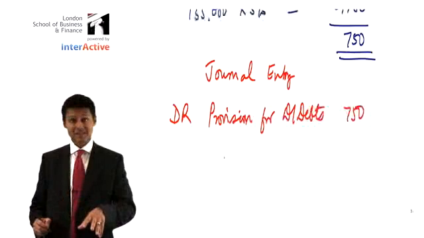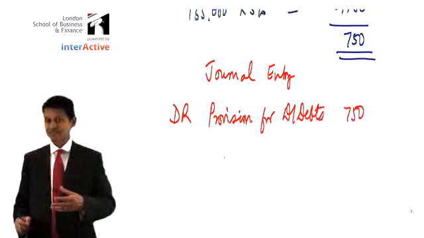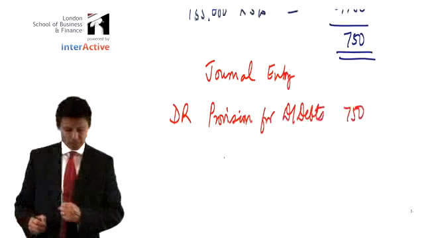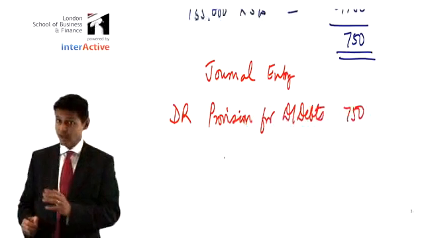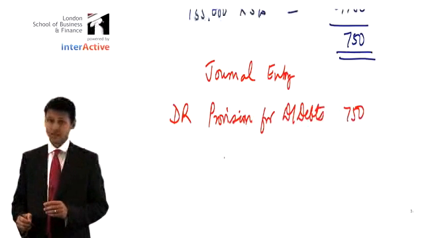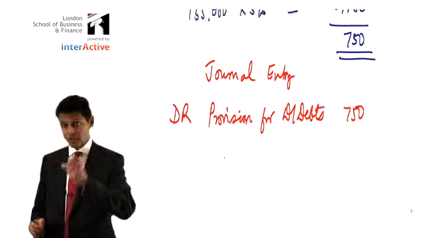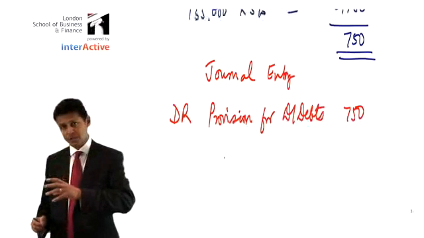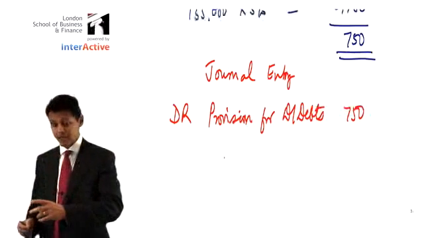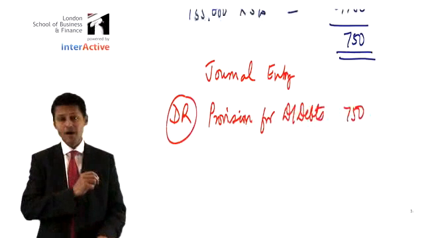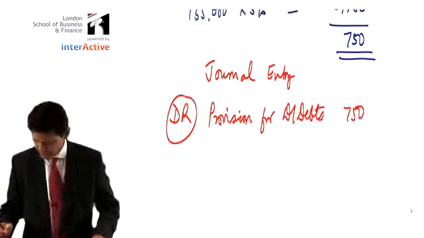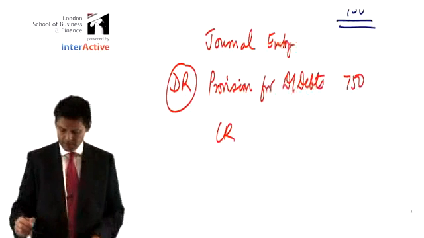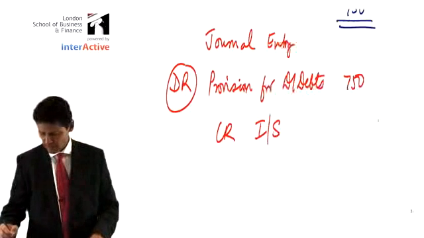Provisions are credits. They're like liabilities. So if a provision is a credit and you want to reduce the provision from 7,500 to 6,750, the provision, which is a credit, must be reduced. How do you reduce a credit item? By debiting it. There you are. Debit the provision. And of course the credit goes to income statement.